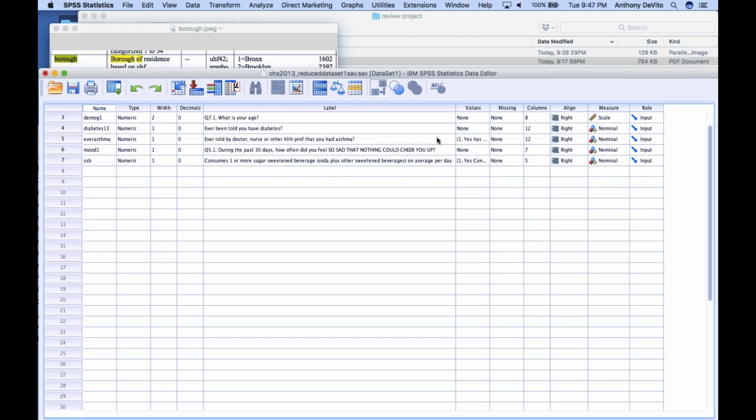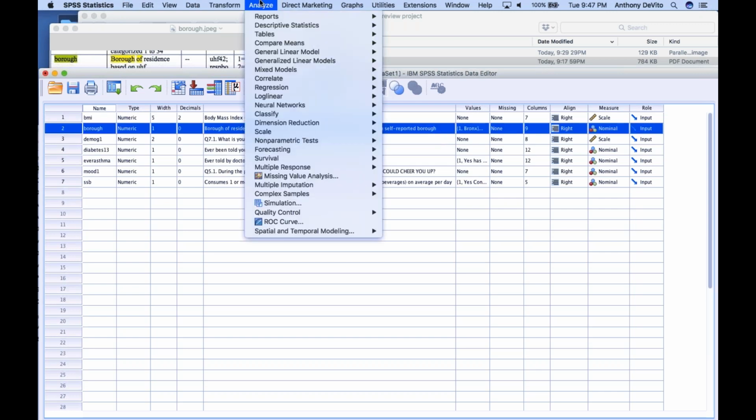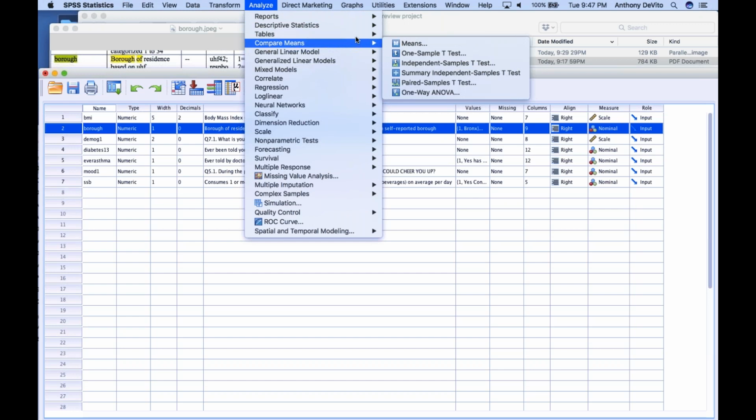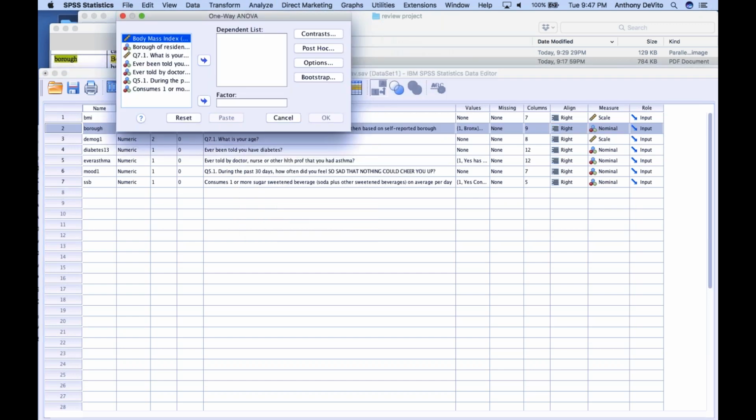Okay, so let's take a look at that. Analyze, compare means, one-way analysis of variance. So I'm going to move into my dependent list the numerical variable, which is body mass index, and into my factor list my borough of residence, which we just coded.